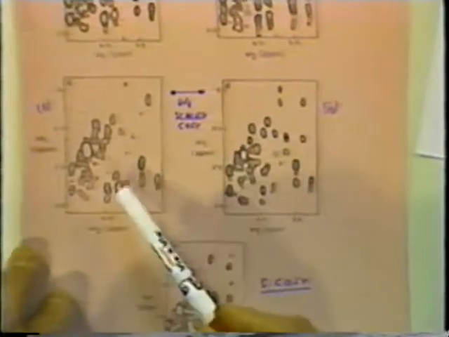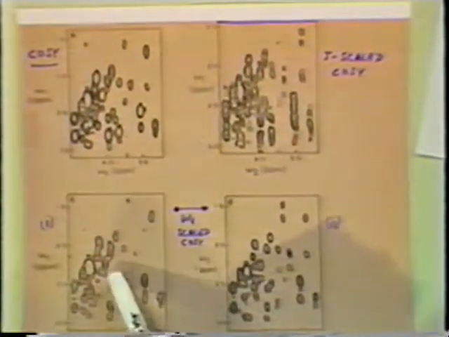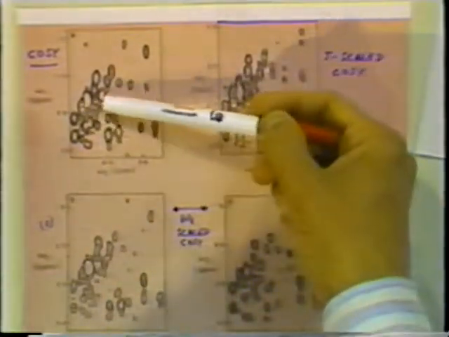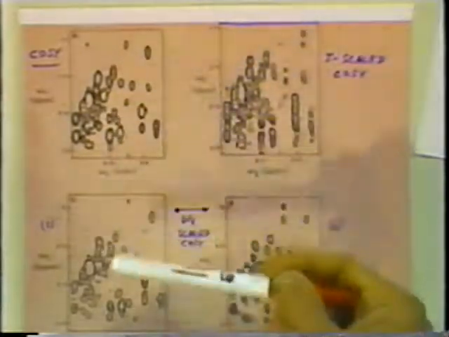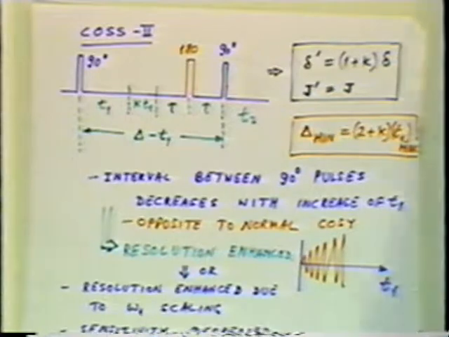And indeed the experiment works, and this is the experiment with the scale. You can see that there is more resolution than this, but there is less intensity than this. The intensity loss is apparent. The second scaling experiment has a slightly different logic.